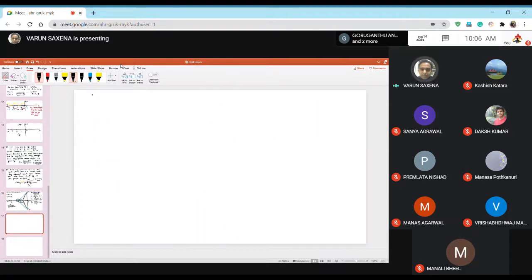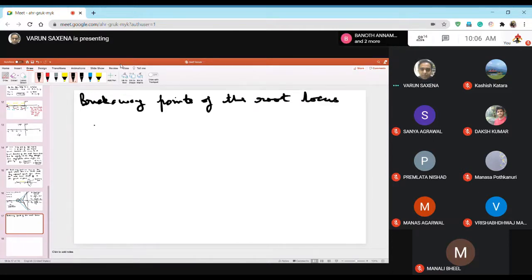Rule number 6 says that breakaway points of the root locus are the solutions of dk over ds equals 0.